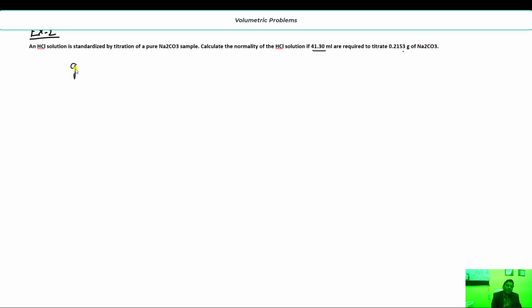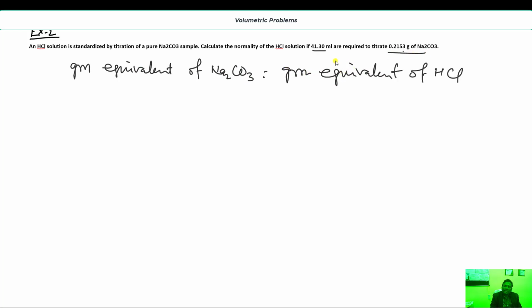That means gram equivalent of sodium carbonate is equal to gram equivalent of HCl. Sodium carbonate is given in weight form, so we write W upon E. HCl is given in normality and volume form, and we have to calculate normality into volume in liter.